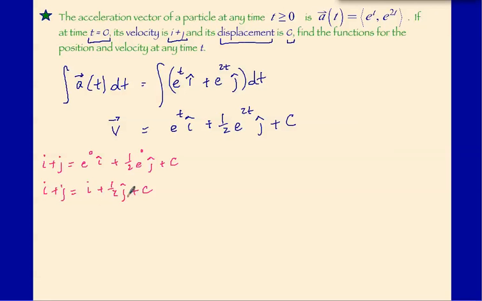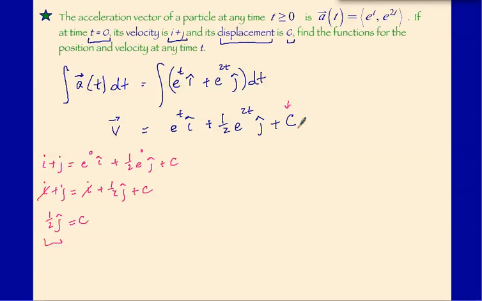So when I subtract all this over to solve for c, the i's disappear, but I'll have 1j minus 1/2 j, which is 1/2 j, is equal to c. That's my constant. Now let's rewrite my velocity vector, putting the constant 1/2 j in for c.